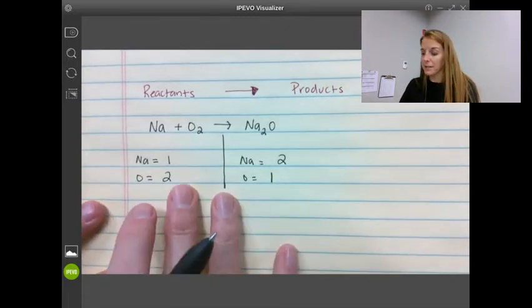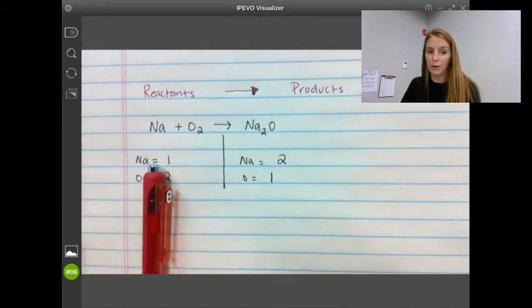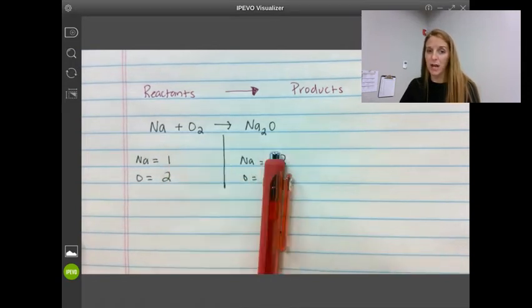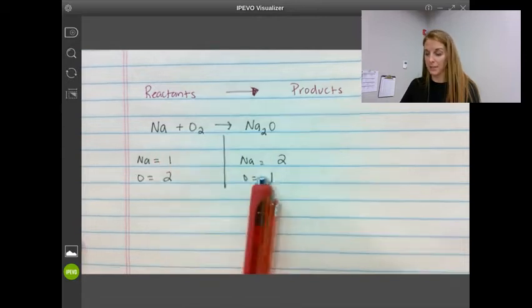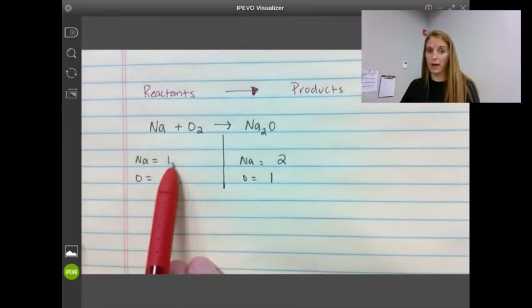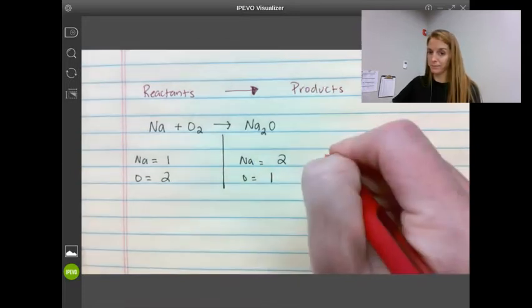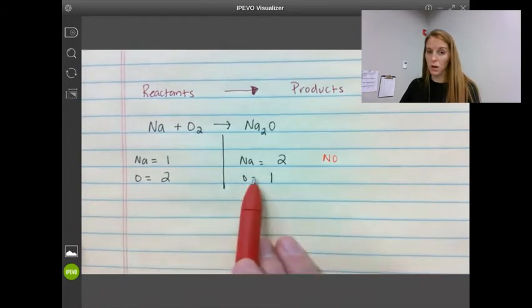So looking at this, the way that I can tell if it's balanced is if I have the same number of atoms on each side for each element. So it should be the same number on both sides across this line. So I have 1 sodium, 2 sodiums. Is that balanced? No. Oxygen 2, oxygen 1.